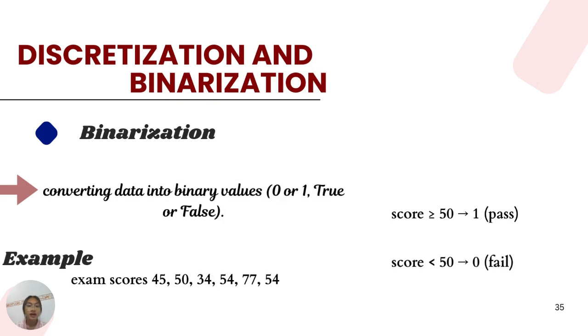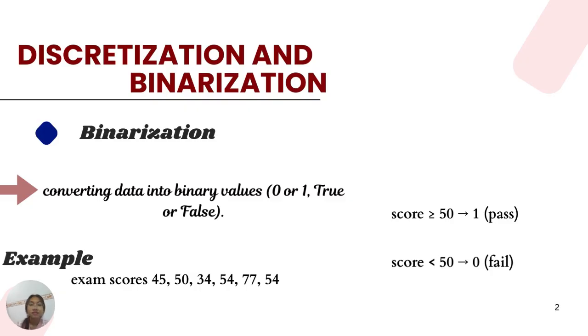It converts data into binary values, 0 or 1, true or false, like turning a feature into a yes or no, or an on or off switch. As in this example, exam score: if the score is greater than 50, it will be 1, which is pass, and less than 50, it will be 0, which is fail.